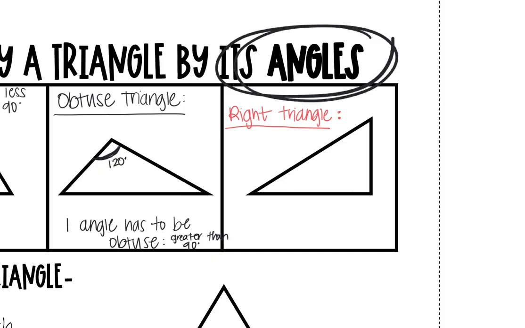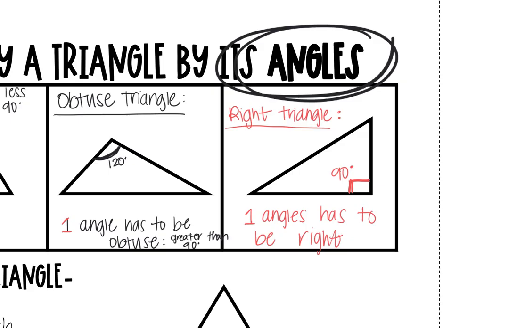Okay, so we know it's a right triangle because a lot of the times we see that little box in one of the corners that forms kind of like an L. So at least one of the angles has to be right. So that's one. One angle has to be right.